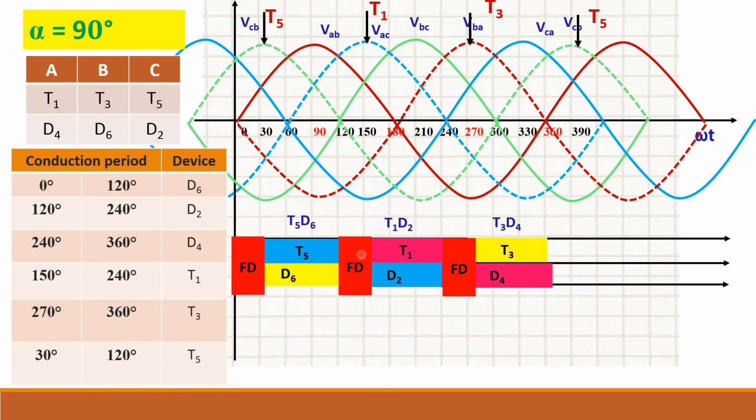Since T1 has turned off, the load current starts to flow through the freewheeling diode. So due to the high firing angle, the thyristor conduction period is getting reduced, and because of that, the freewheeling diode comes into action. You can note that only for alpha greater than 60 degree is this freewheeling diode used. The remaining time it is of no use.